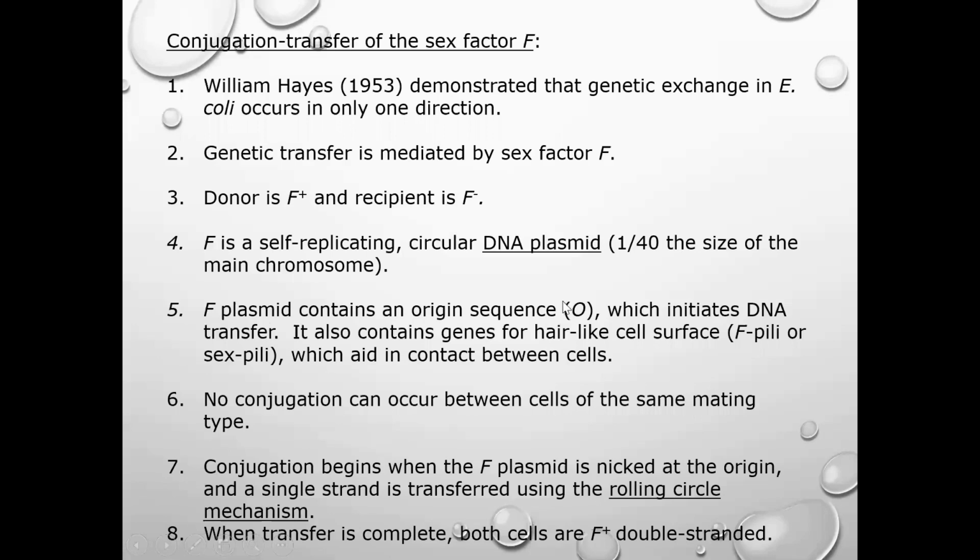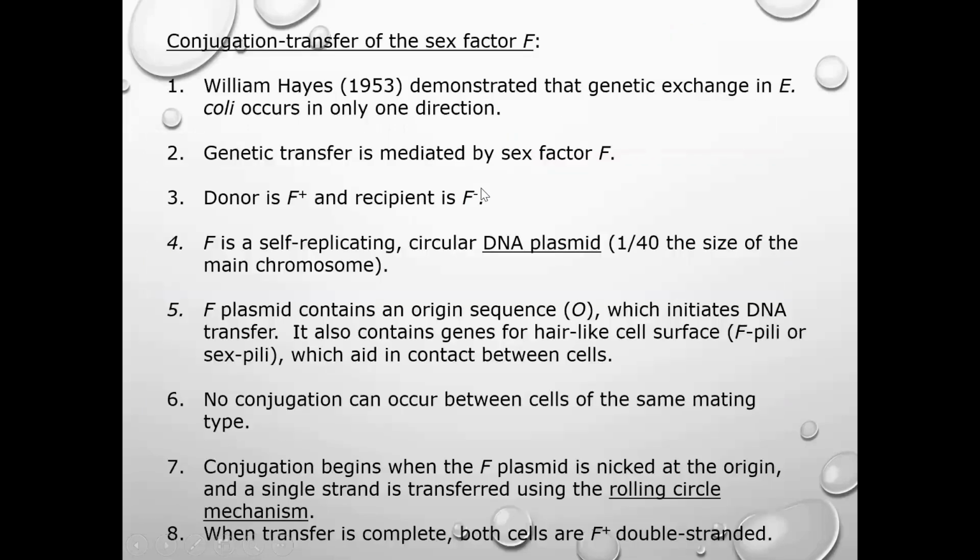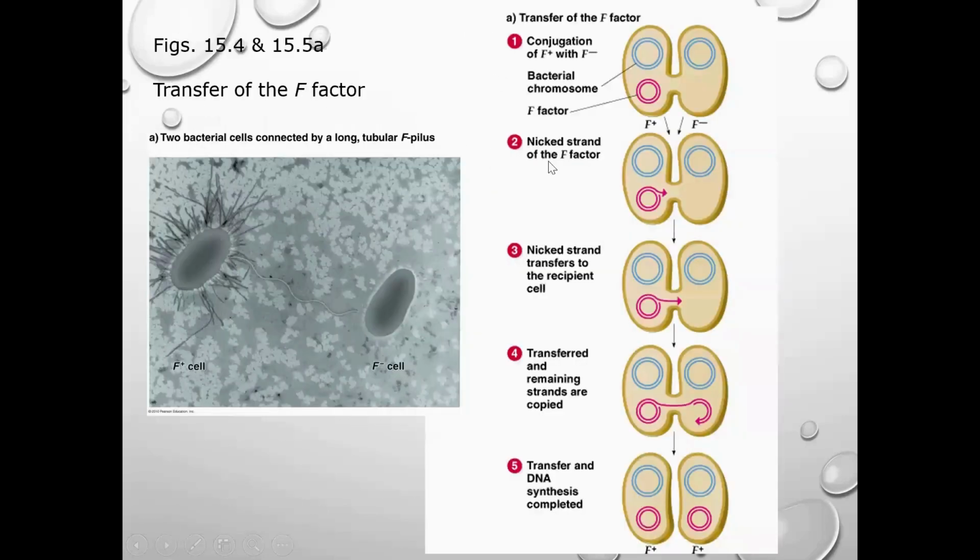Now, we are going to see the actual process. This is the conjugation process, and here you can see this electron micrograph. This is the F plus cell and this is the F minus cell, and their attachment took place here.